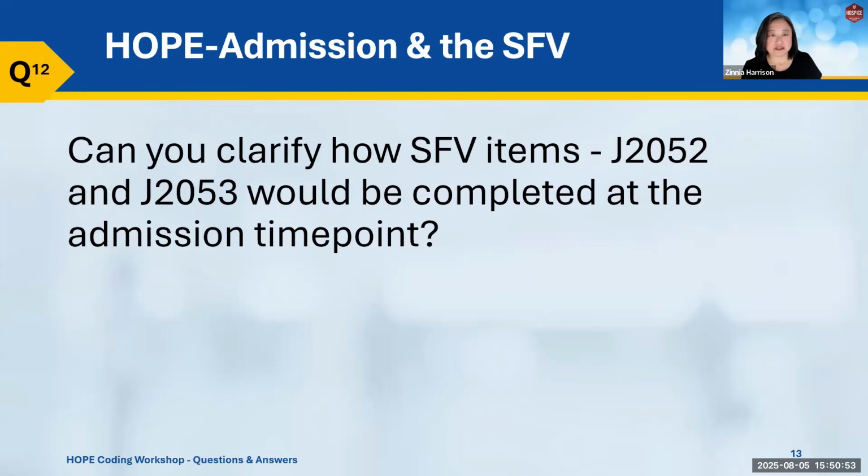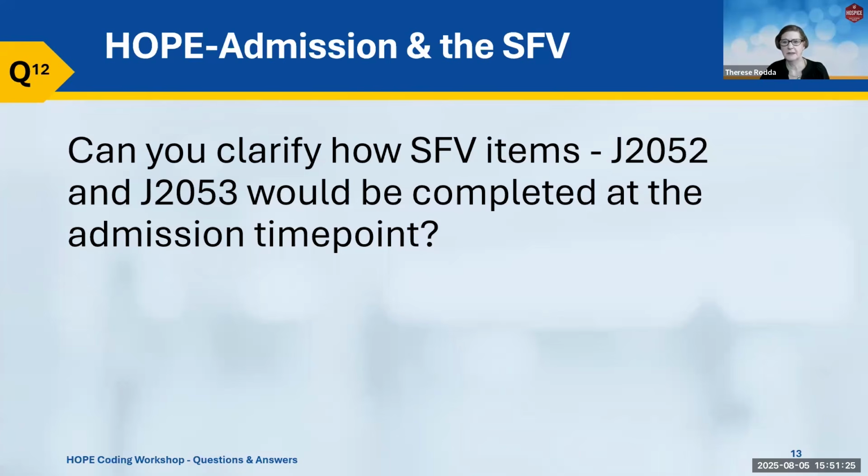For the next question, Teresa, I'm going to tag you again. Can you clarify how SFV items J2052 and J2053 would be completed at admission? Sure. So J2052 and J2053, the clinician has 2 days to conduct the SFV if they identified any symptom that was moderate or severe in J2051.